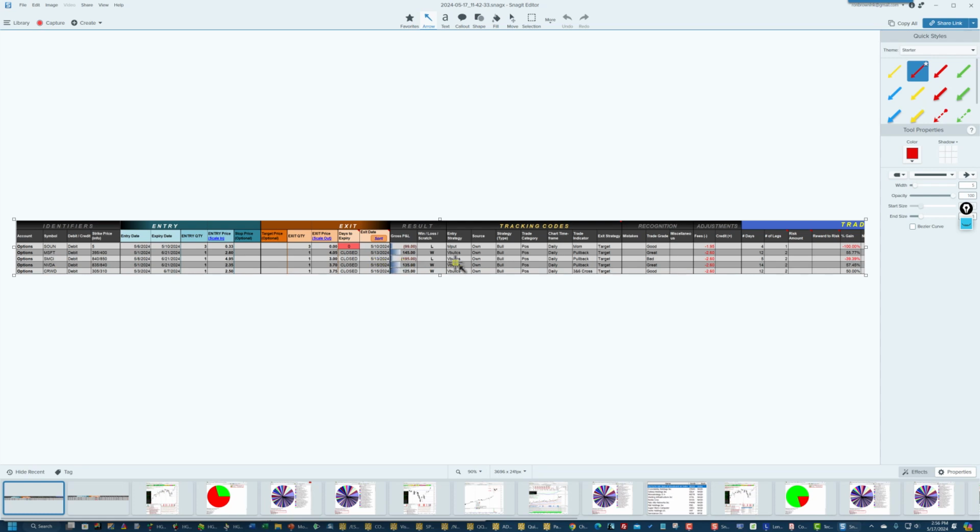SMCI, this one cost me. I did a $10 wide spread, $4.95. It looked really good at first, and then the stock tanked. And if I'd have held on to it, I'd probably be even on it now. I'll take a look at it here in a second. But I was getting close to the 50% loss, so I just decided to take it off.